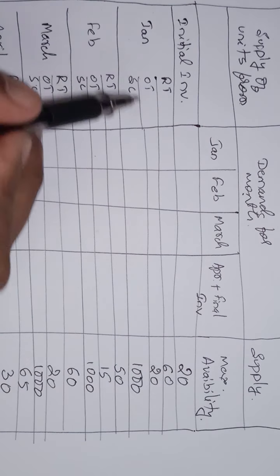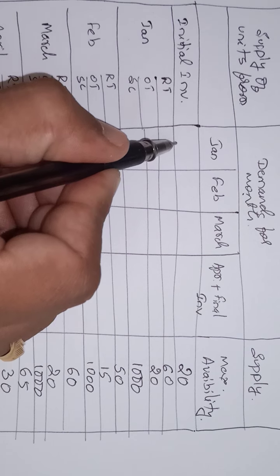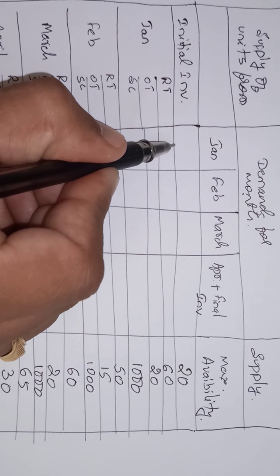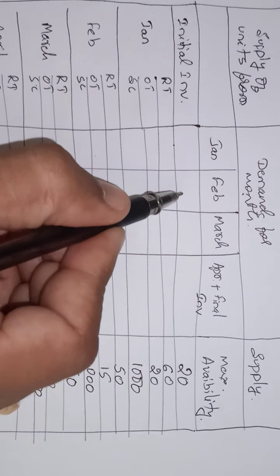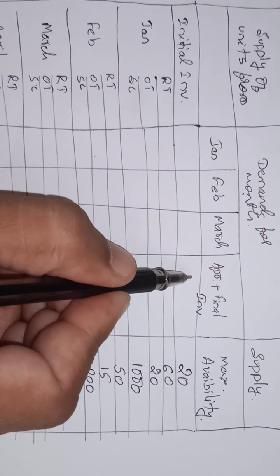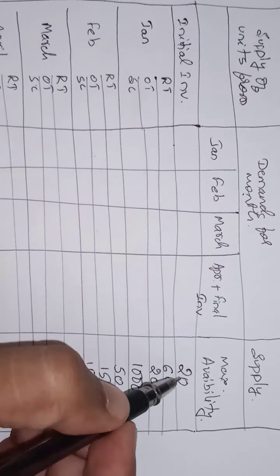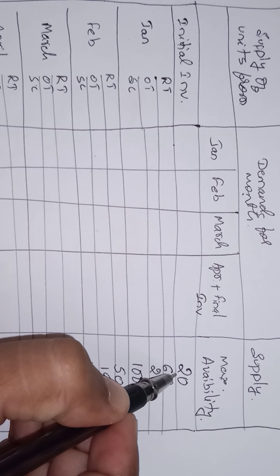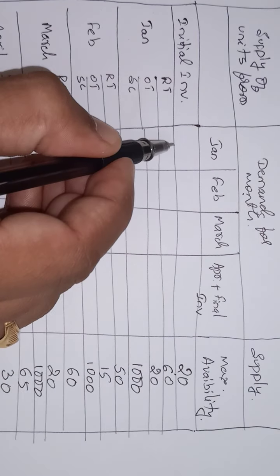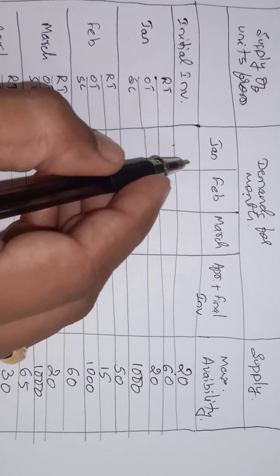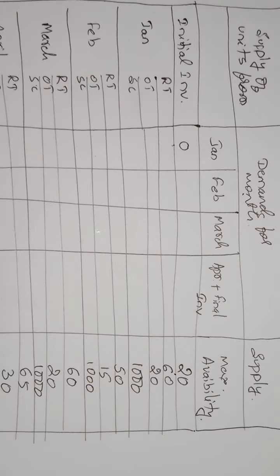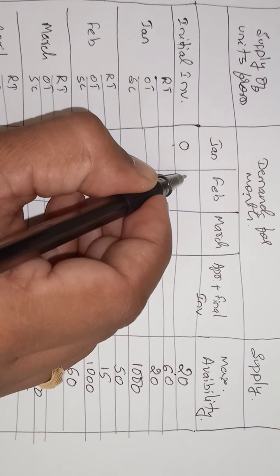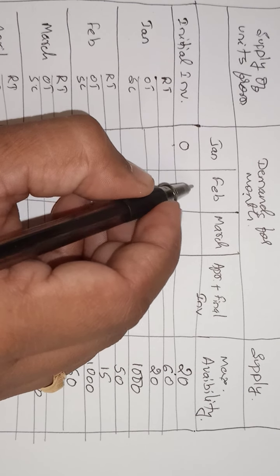So by using this 20, if they are not met in the January month, that has to be transferred to February, then March, then April, right. So if these 20 available quantities are sold in this first month, at that time initial inventory will be 0. Next it should be carried forward to the next month.